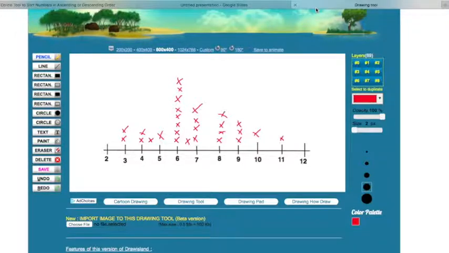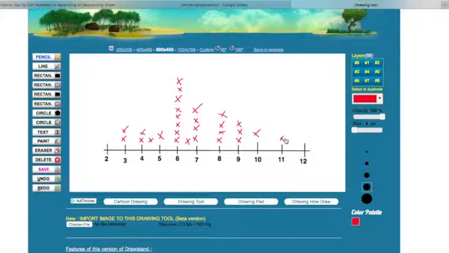And there seem to be no outliers. We can consider 11 to be an outlier, but just looking at this graph in terms of a 5-number summary, 11 wouldn't be considered an outlier. It seems to be at a reasonable distance from the center.